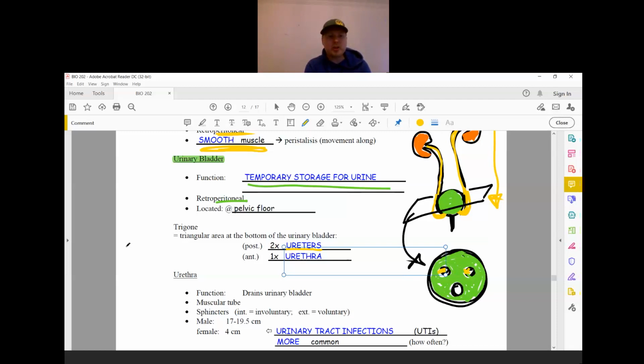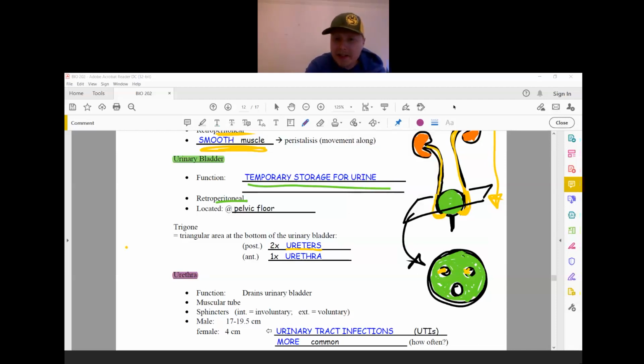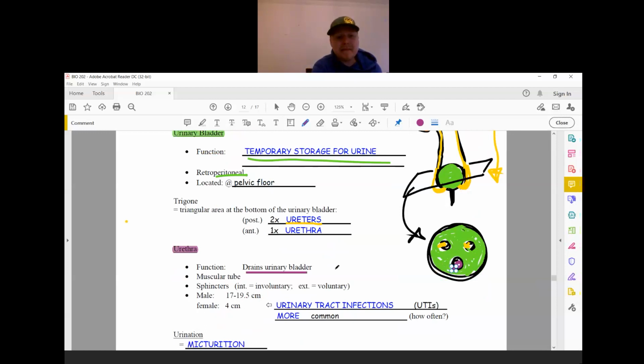And then the final structure, which we will be looking at, is of course the urethra. And urethra is the tube that carries the pee from the urinary bladder to the outside world, draining the bladder. Again, it's a muscular tube with many sphincters.